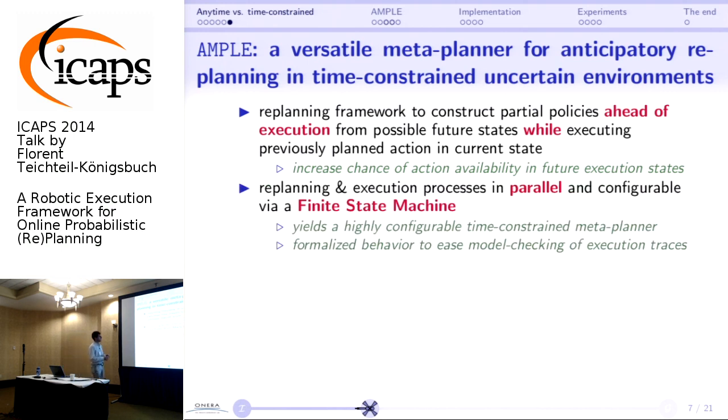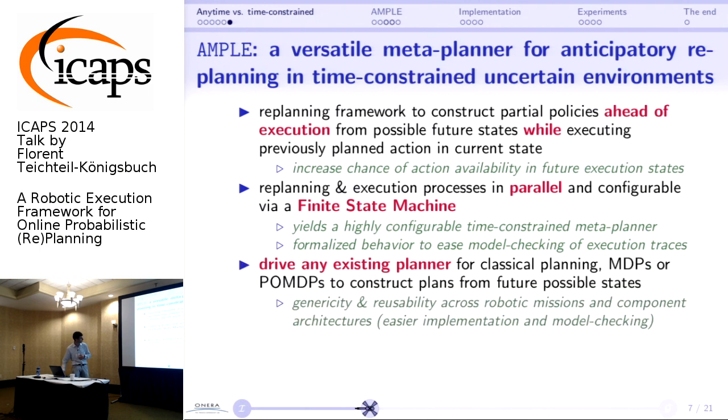We will replan and execute actions in parallel via a configurable finite state machine whose behavior is known and can be model checked if you want to know the time behavior of this framework.